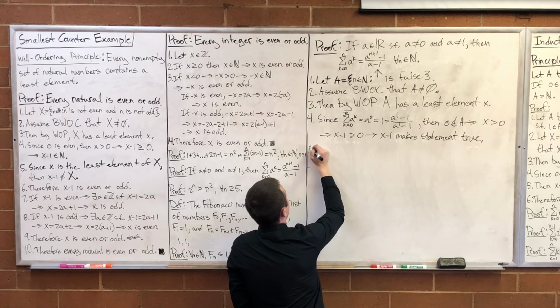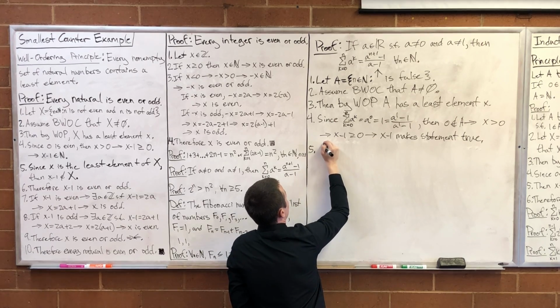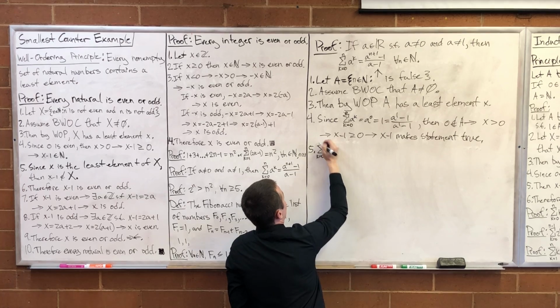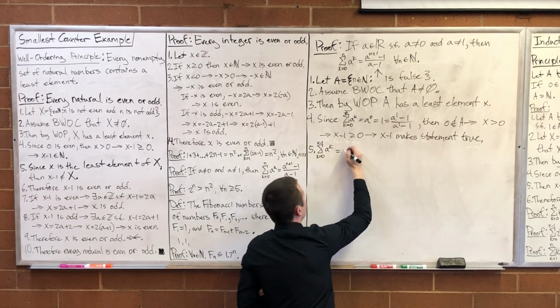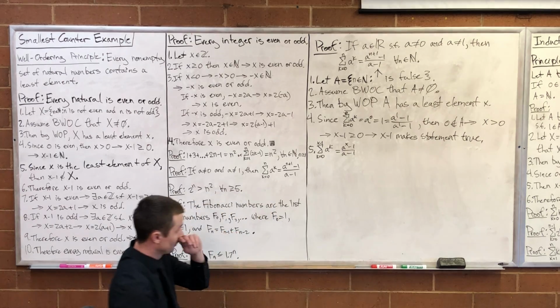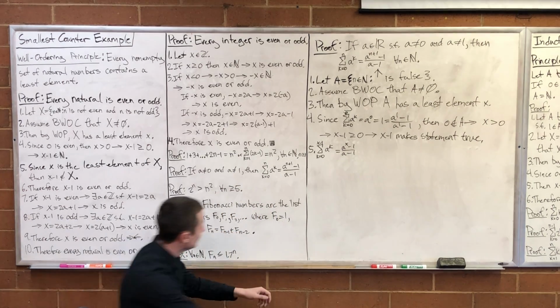That means that it's not in A, which means that the sum from k equals 0 to x minus 1 of a to the k is equal to a to the x minus 1 all over a minus 1. Right? Sorry, I forgot my "then" in front of that.